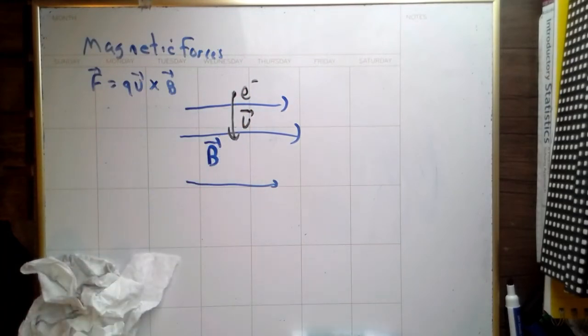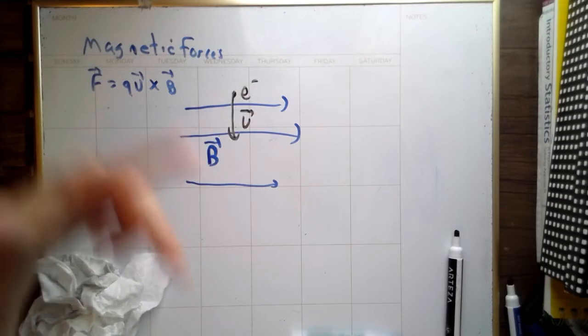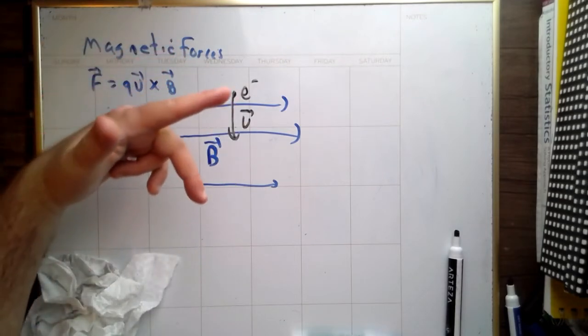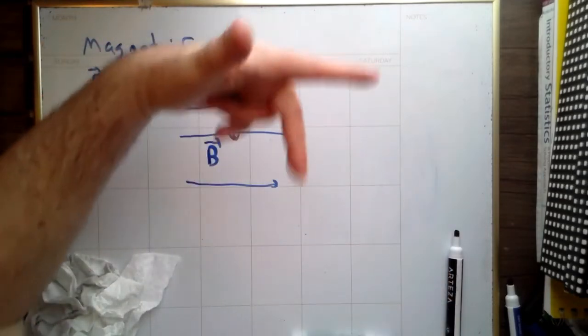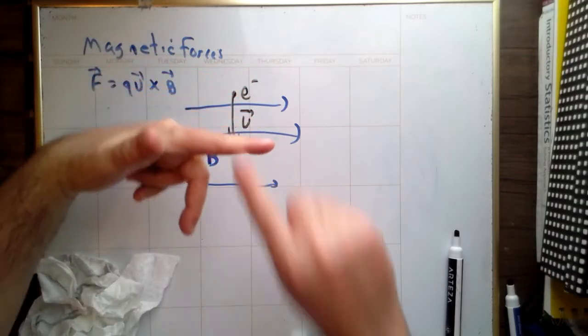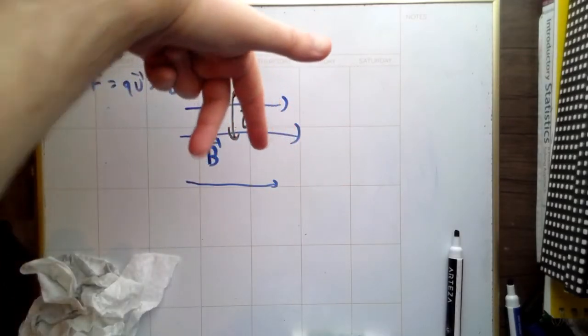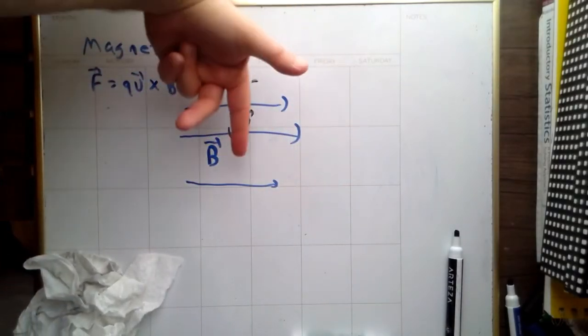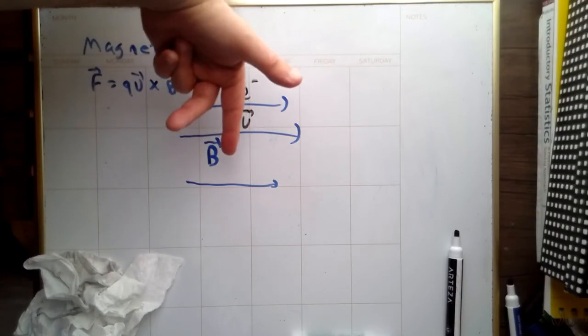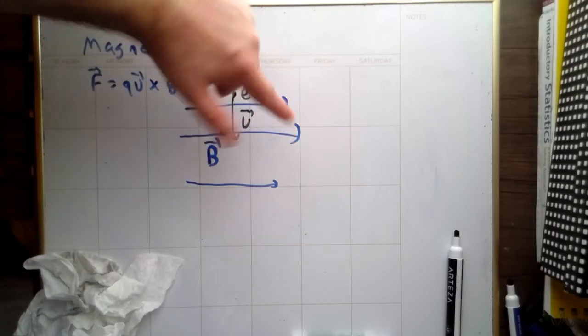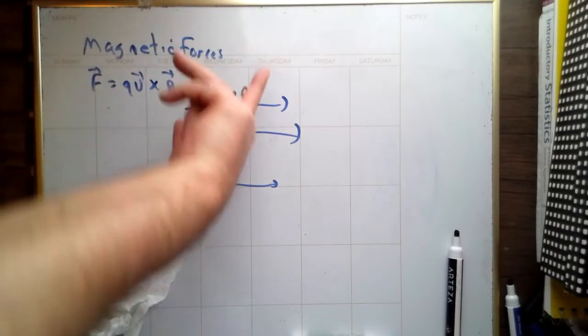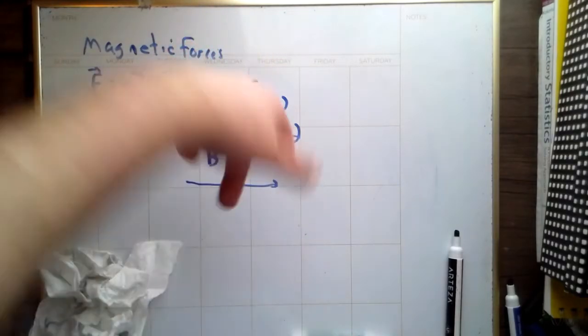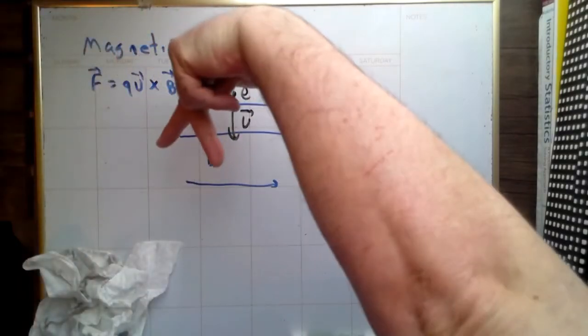So we could use the left-hand rule. Negative charges are the opposite. So this is my left hand, point my pointer finger in the direction of V. That's down that way. I got to rotate my hand until my middle finger lines up with B. Well, this is really hard to get into this position.